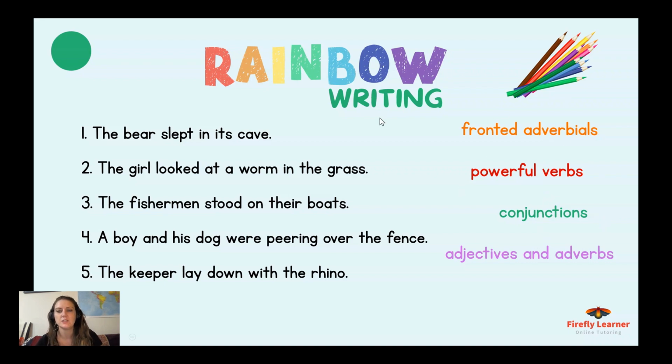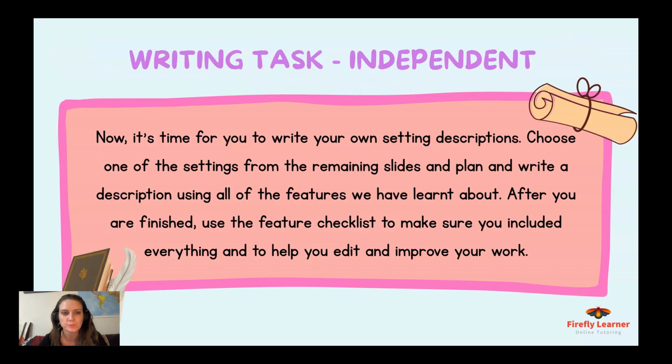So you can pause the video now and you can try and add in some fronted adverbials, powerful verbs, conjunctions, and adjectives and adverbs to describe each setting or each situation in more detail, make your description more powerful.